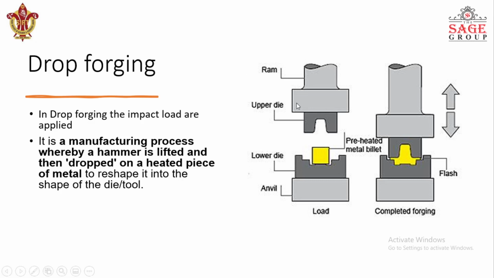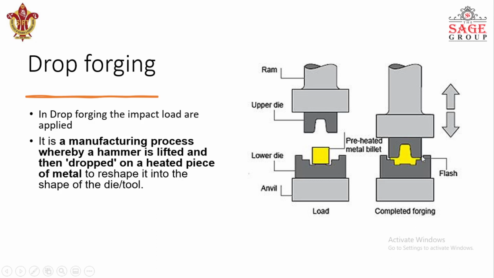Here you can see we have lifted it, and then we will release it, as in the right side figure. During hitting, due to the impact load generated by this die, this will generate the shape of the cavity.